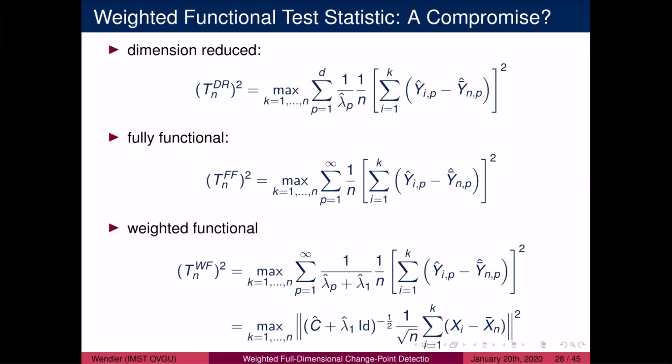So if this is summable, then this is also summable. At the same time, if lambda hat p gets smaller, this ratio becomes larger. So we have something close to this where we give extra weight to higher eigenvalues to compensate that the variance is smaller in this direction.